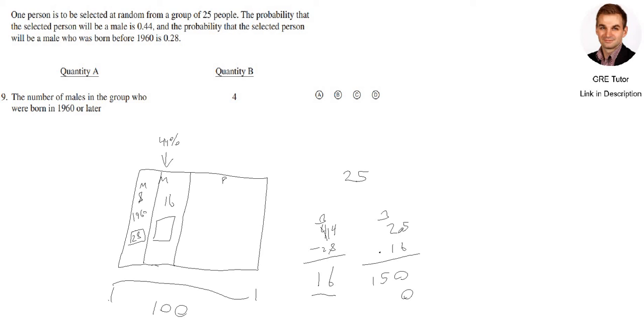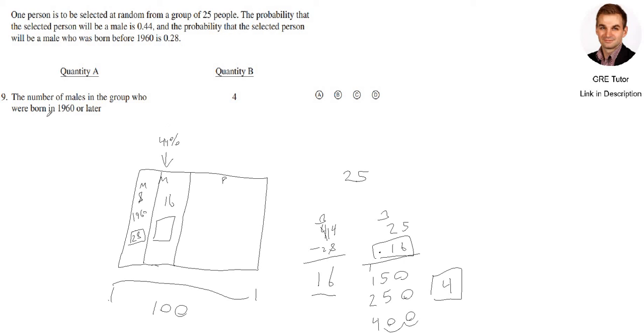Add the 0, 1 times 5 is 5, 1 times 2 is 2, add these, and we're at 400. And now we have 2 decimal places here, so we have to move the decimal place over twice, and we get 4. So 16% of 25 is 4.